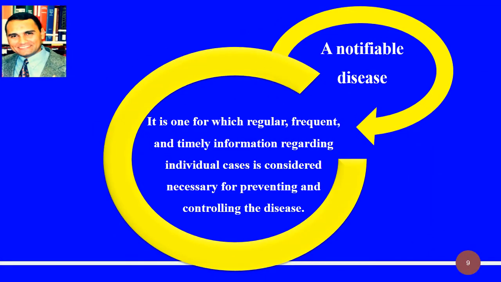A notifiable disease is one for which regular, frequent, and timely information regarding individual cases is considered necessary for preventing and controlling the disease. This is what is stated by the WHO.